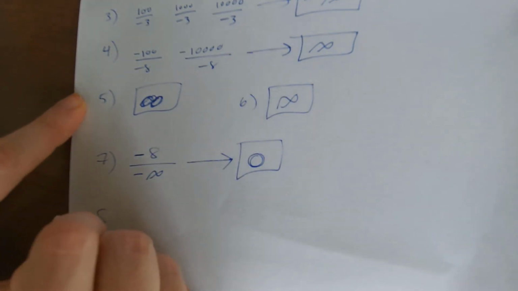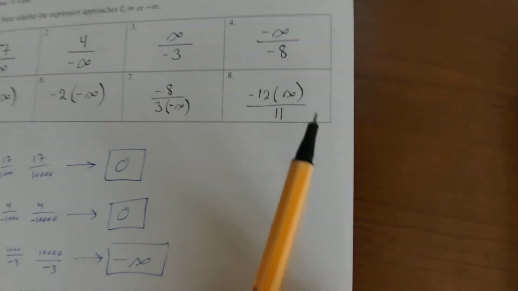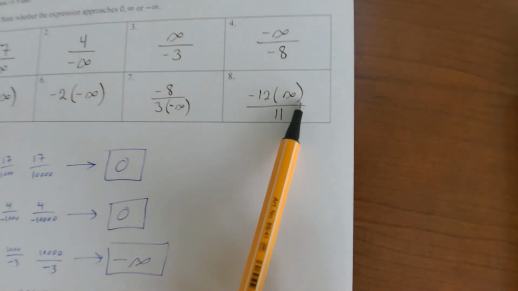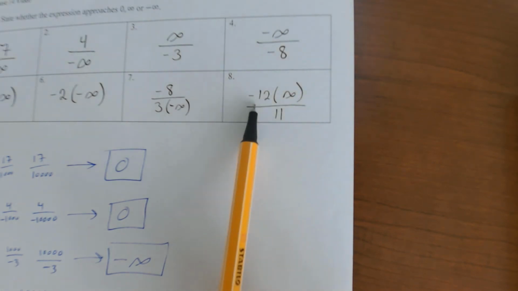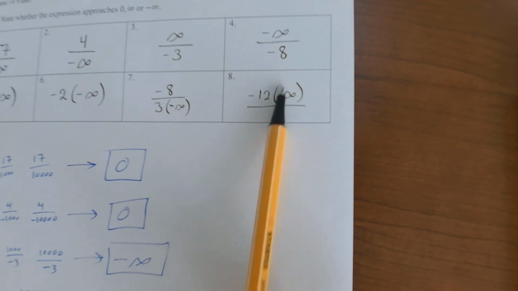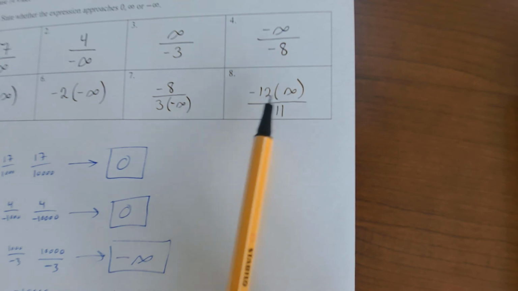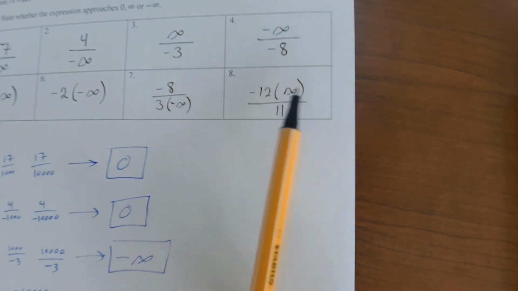All right, now finally number 8. We've got negative 12 times infinity. If you multiply these huge quantities by negative 12, they're just going to get 12 times bigger in the negative direction, because a negative times a positive is a negative.